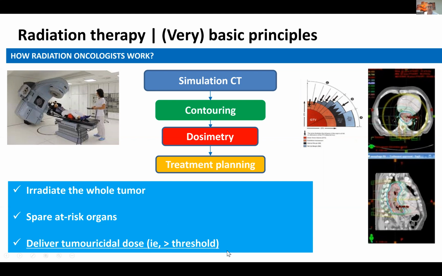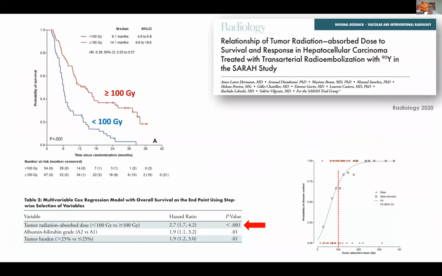And the last point, last but not least, we know very well, this is a very basic principle in radiation therapy, that we need to deliver a tumoricidal dose, meaning a dose exceeding a threshold. Below the threshold, we have no effect. Above the threshold, we have an effect. And this is a very important point. When they went back to the SARA trial, remember, it was negative.